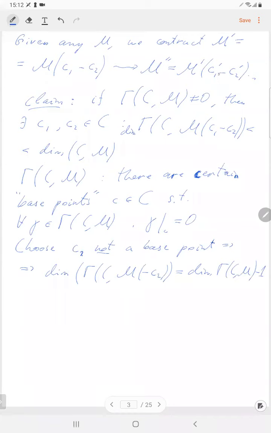Okay, so vanishing at this non-base point C2 does impose a condition on global sections of M.